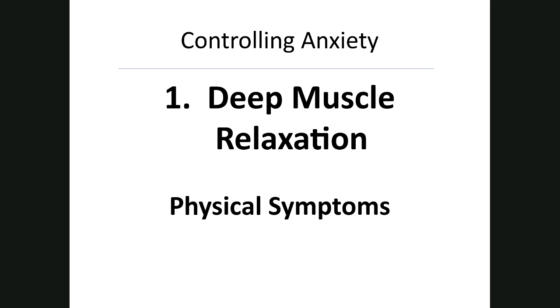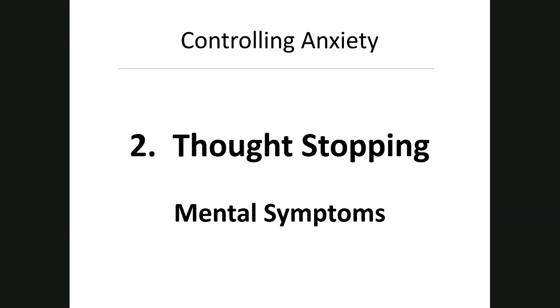That's taking in deep breaths, and then breathing out and becoming relaxed, relaxing your muscles, your whole body. And sometimes you can use that with thought stopping, which helps with mental symptoms. Okay, thought stopping.